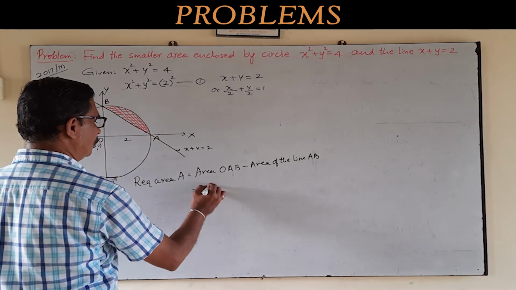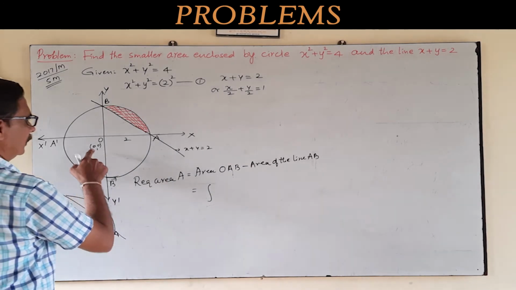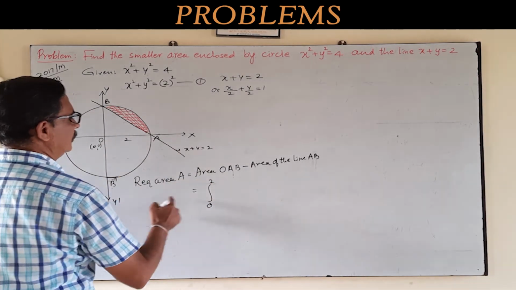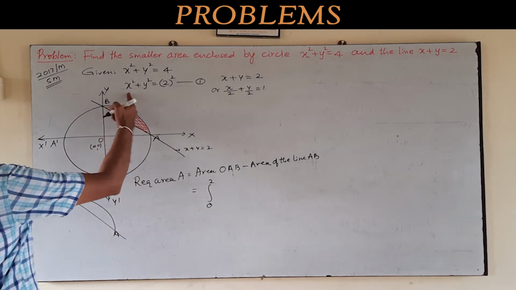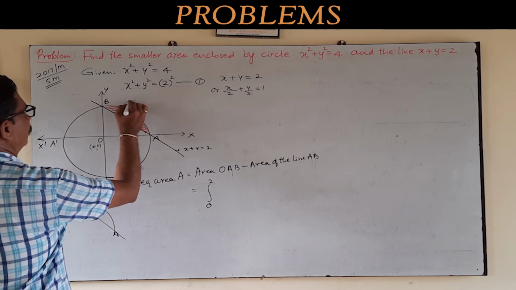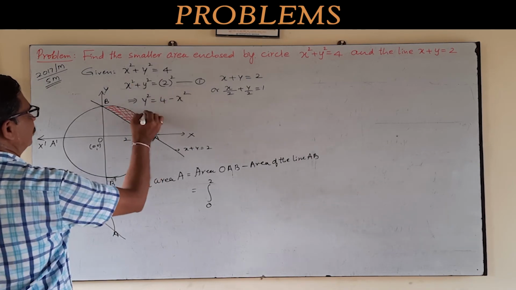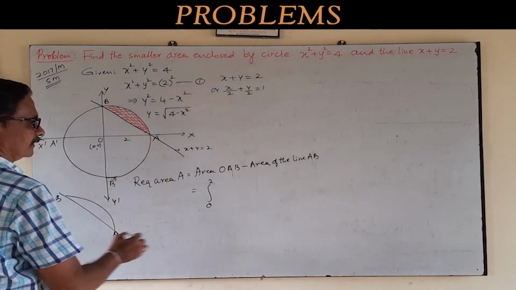So that is equal to the area formula, integral from a to b of y dx. Lower limit is 0, upper limit is 2, now the radius is 2. For OAB, that part of the circle, the equation is x square plus y square equal to 4. This implies y square is equal to 4 minus x square, or y is equal to under root of 4 minus x square.